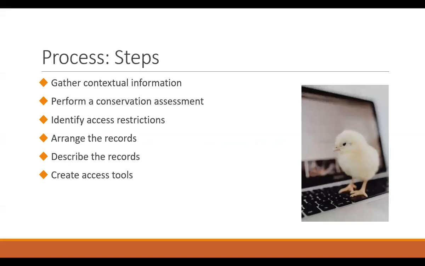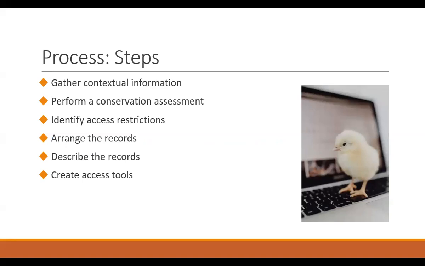So the basic steps of processing digital records include gathering contextual information, performing a conservation assessment, identifying access restrictions, arranging the records, describing the records, and creating access tools.